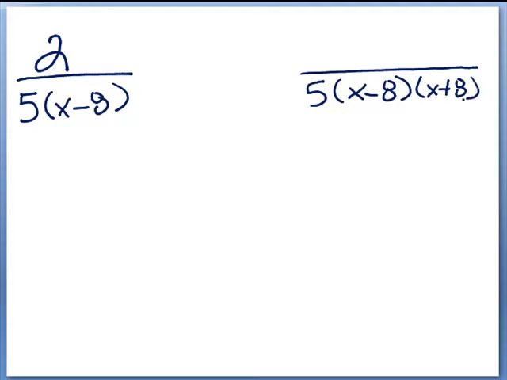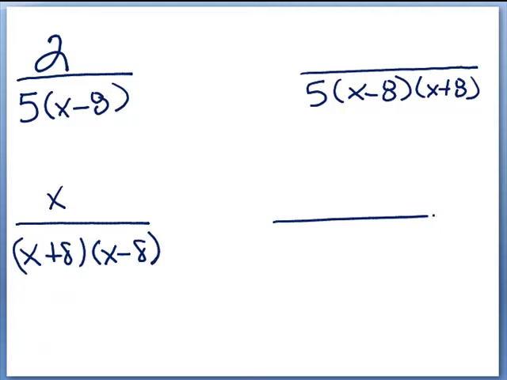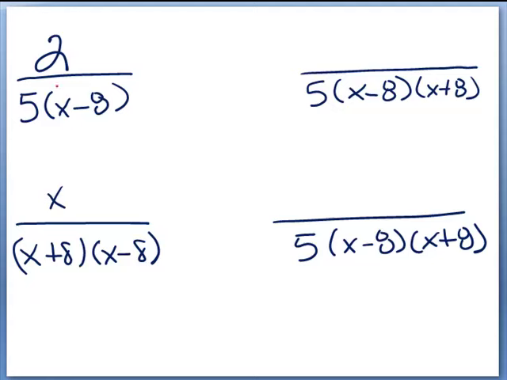And then we have our second fraction, its denominator, and we want to convert that fraction into having its new LCD. So let's look at the first fraction, 2 over 5 times x minus 8. We want to convert it into having 5 times x minus 8, x plus 8.